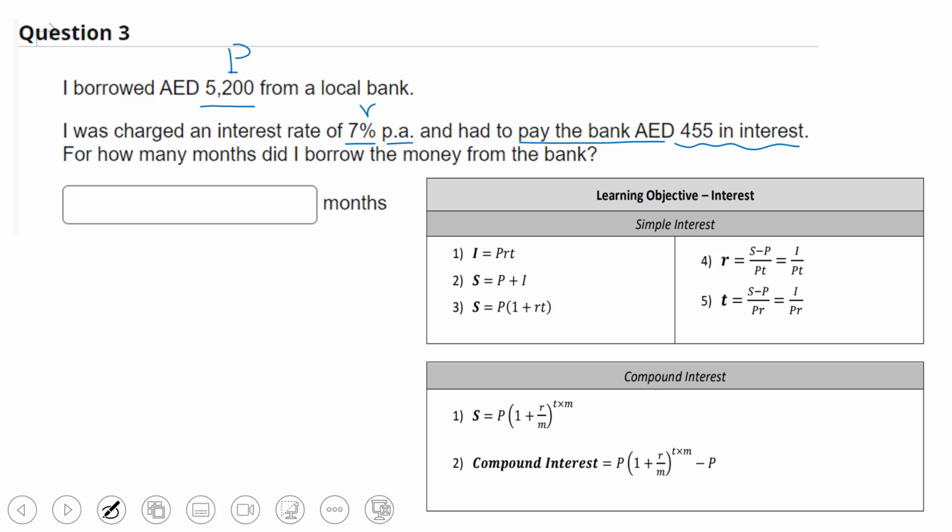So this is the difference between the S and P. How many months did he borrow the money from the bank? He didn't say compound. So this one should be what? Yeah, should be simple, right?